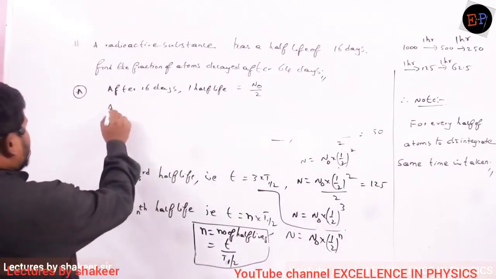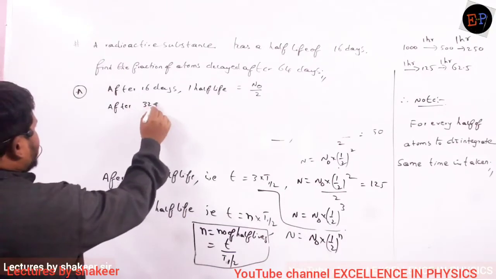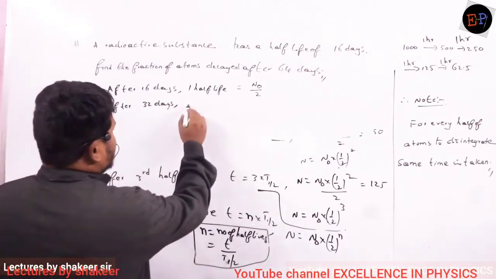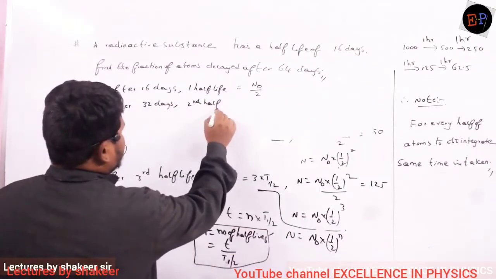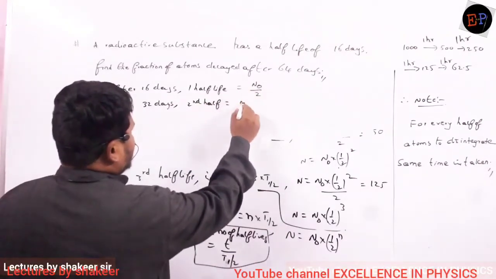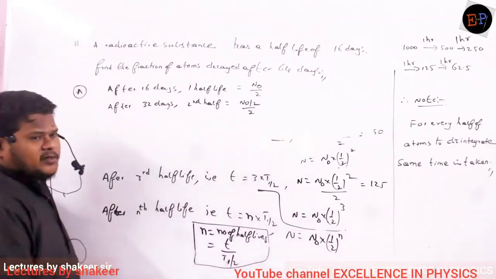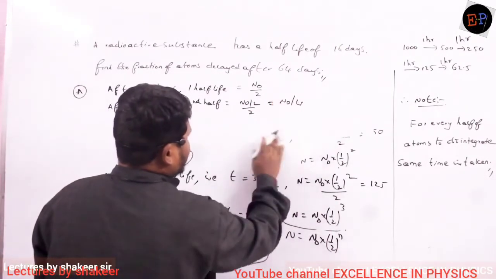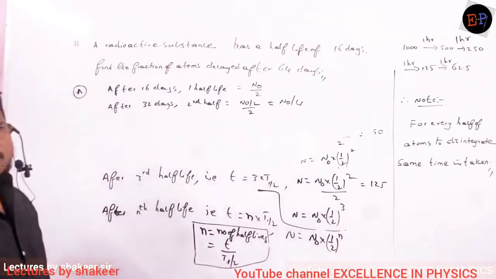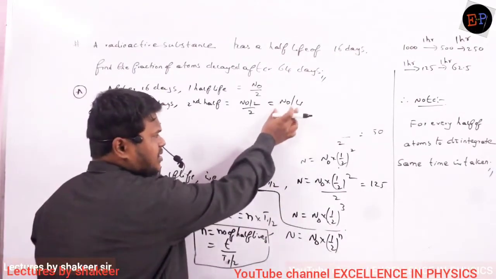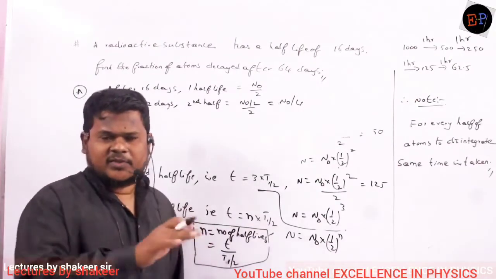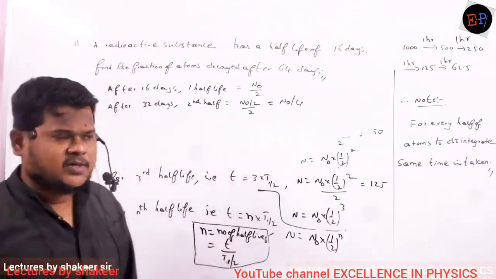Now after one more half-life, that is 32 days, 16 plus 16, second half-life will be completed, and again half of the atoms will be disintegrated. So they will become N0 divided by 4. Are you able to understand? What is meant by N0 by 4? Only these many atoms are present for disintegration.